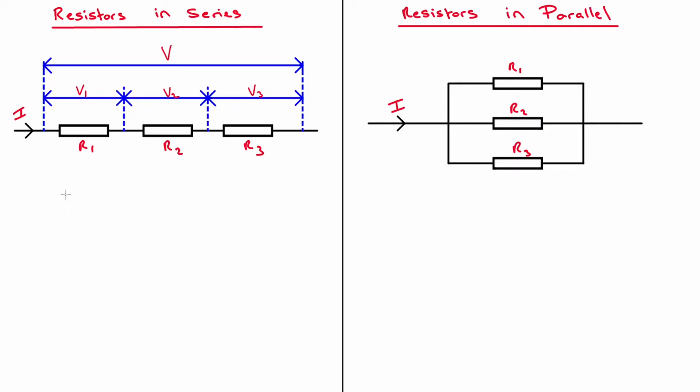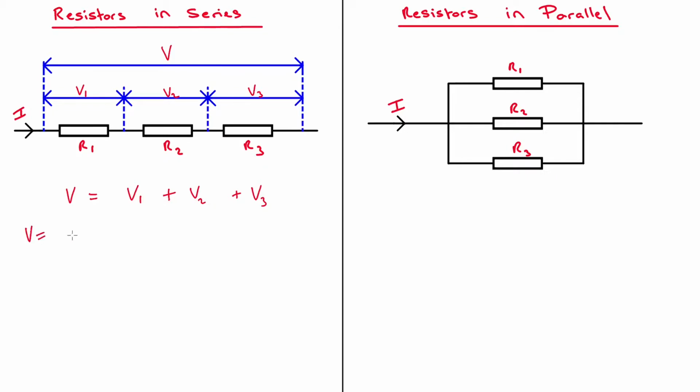So V will equal V1 plus V2 plus V3. So the total volts, V volts, are shared between these three resistors. In series, the PD across each resistor, when added together, will equal the total volts.